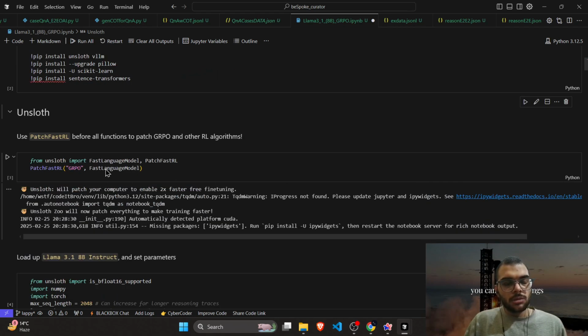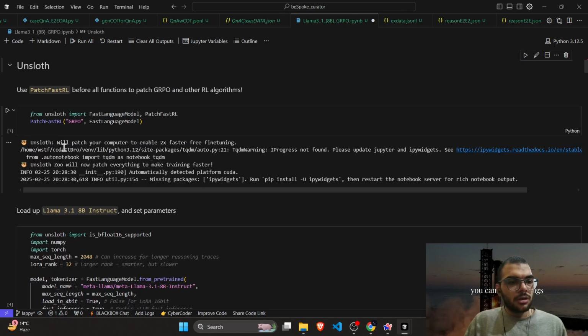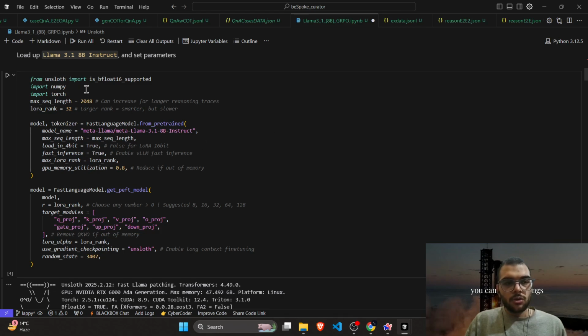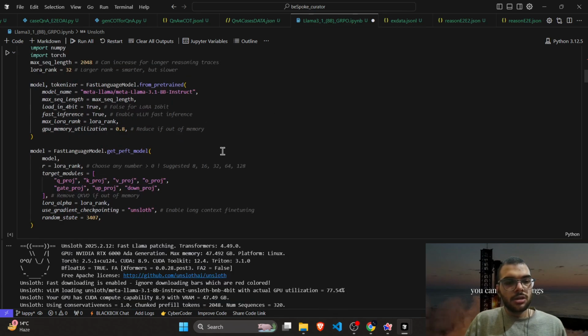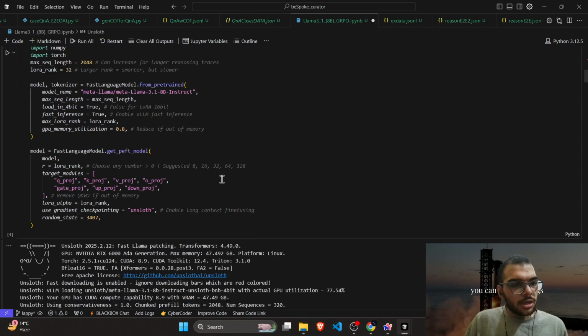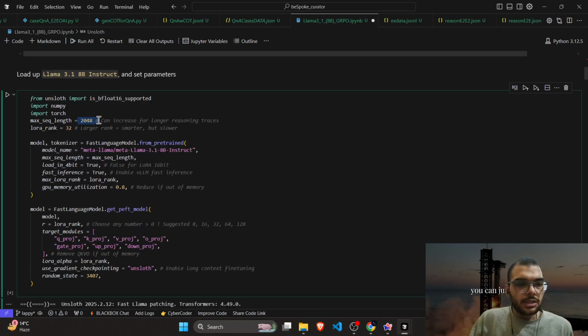So here you just load the model. We first patch the fast language model, and then you load up the Llama 3.1 8B Instruct. It will be loaded in 4-bit quantized. After that, set the max sequence length to a little lesser.